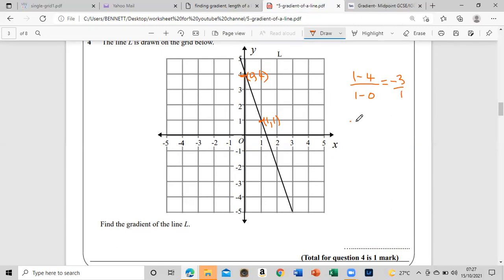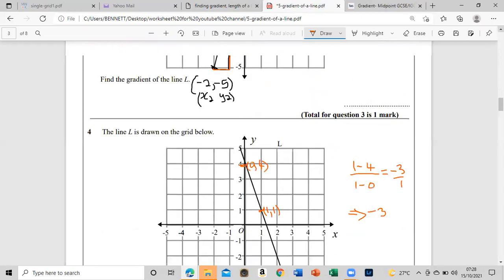So here we have it, guys. This is equal to negative 3. So the answer for this is negative 3 or negative 3 over 1. So what we can observe from doing that, let us go back up. When the graph runs from left to right, look at this graph, right?